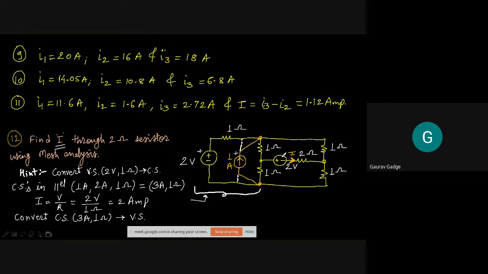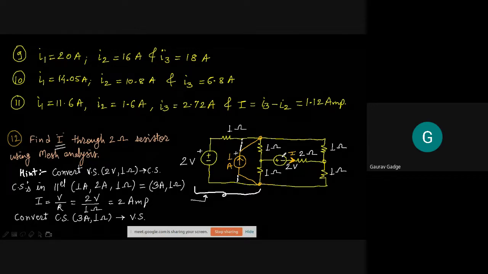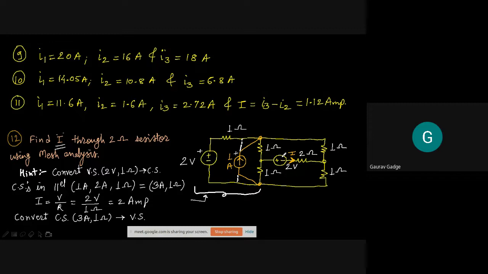I just want to start with the next topic, mesh analysis applied to AC circuits. Those who have done with this particular slide, जिनका लिखना हो चुका है, please write down the heading as mesh analysis to AC circuits.